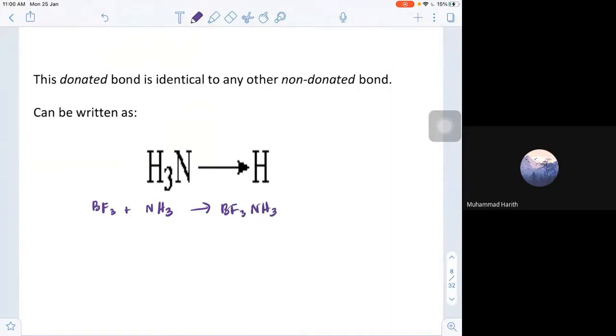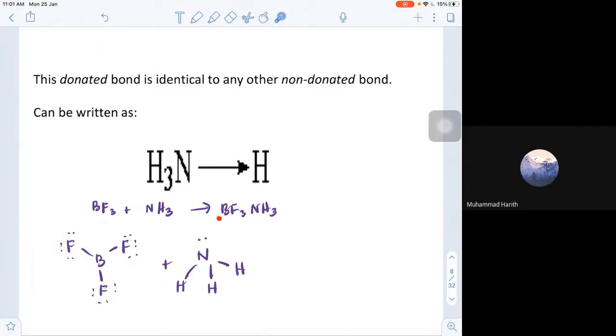Let's look at how the bond is formed between them. BF3 has 3 terminal fluorines, and it reacts with ammonia with 3 terminal hydrogens. Nitrogen as the central atom has 1 lone pair. Boron, the central atom, has no lone pair.